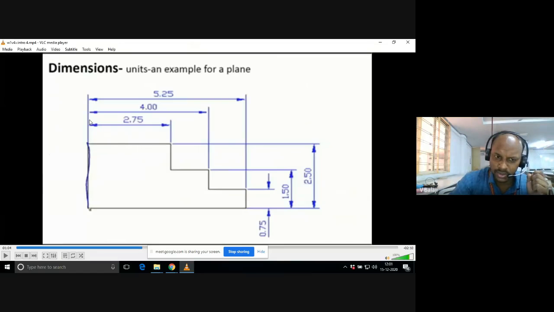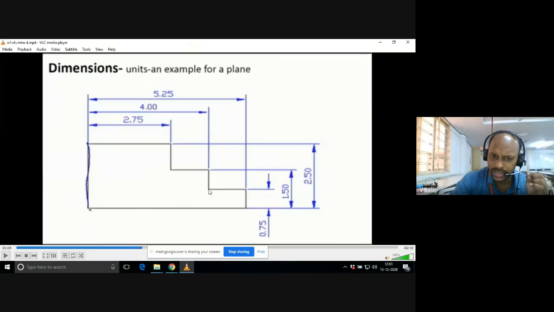A 2H pencil gives a light impression on the drawing sheet, but the HB pencil gives you an intense or dark appearance on the drawing sheet. To differentiate these, you need to follow such standards.